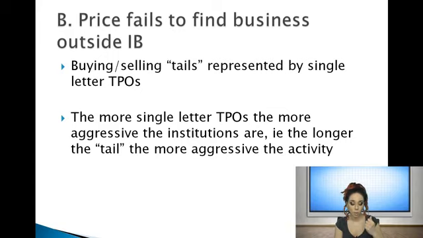Well, there you will also have single TPOs, but in this case, should they occur in the next hour that the initial balance was broken, they will leave a so-called tail, which implies that the other time frame participants have failed to find business, and price will return back to initial balance.